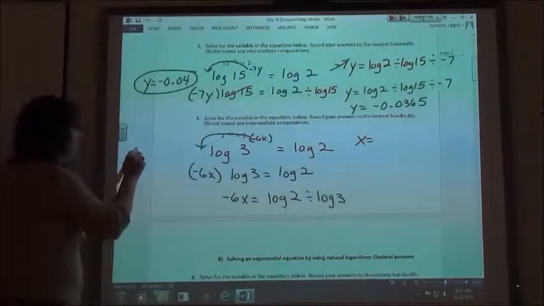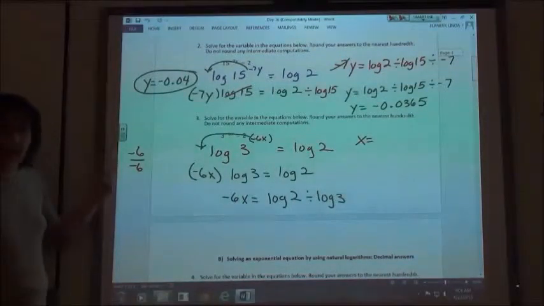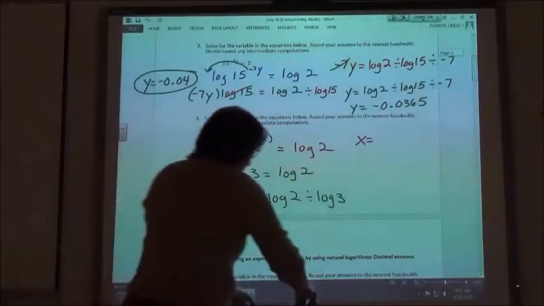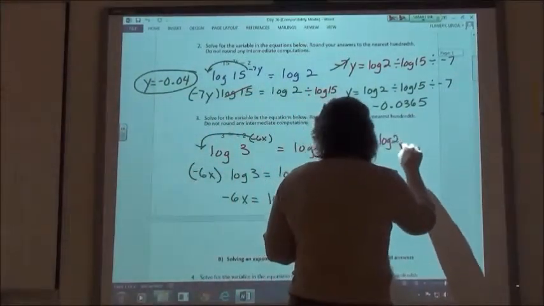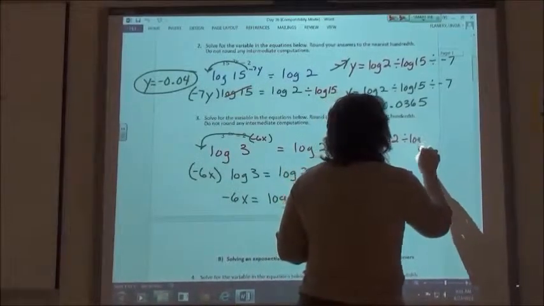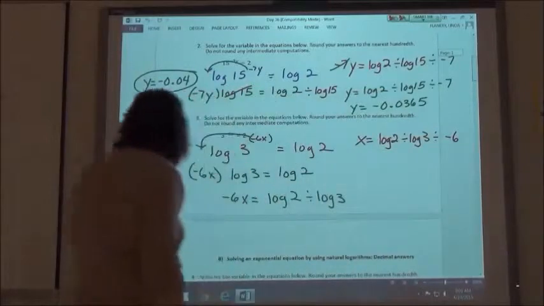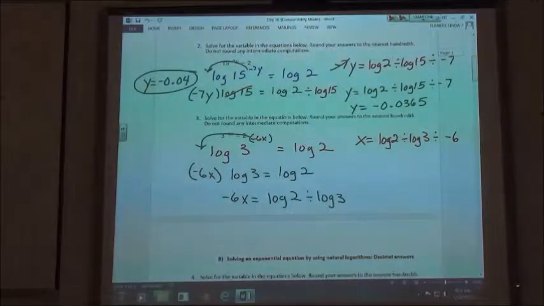Because what I'm doing is I'm taking negative 6 divided by a negative 6 to make it a positive 1x. So we got to divide by negative 6. So x is going to equal the log of 2 divided by the log of 3 divided by negative 6.